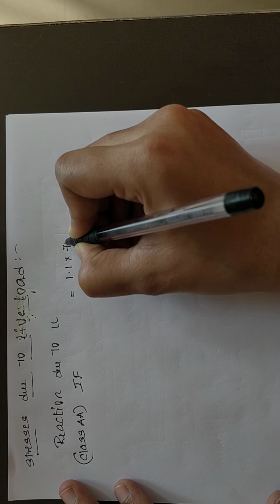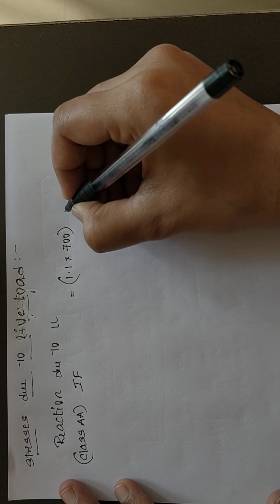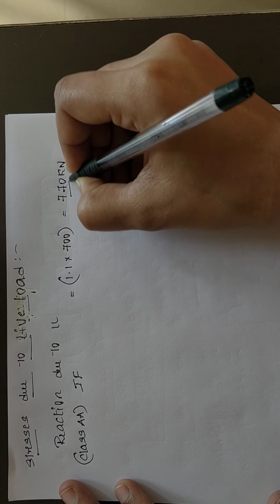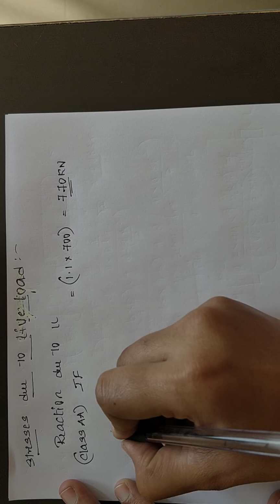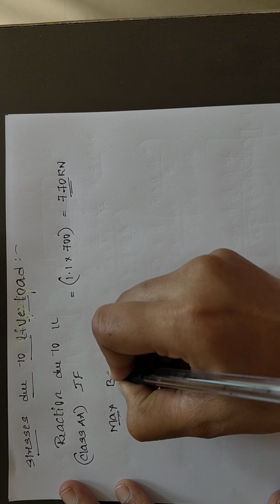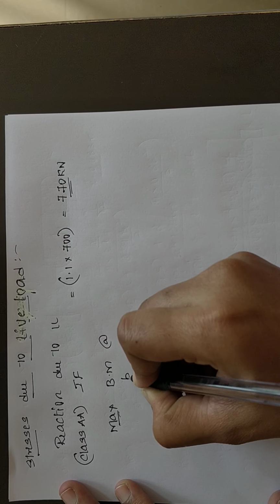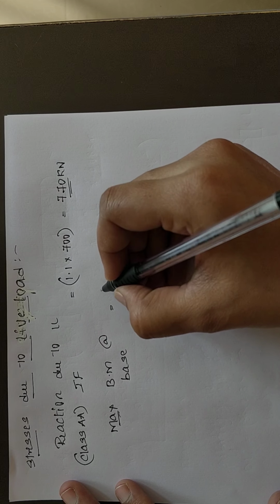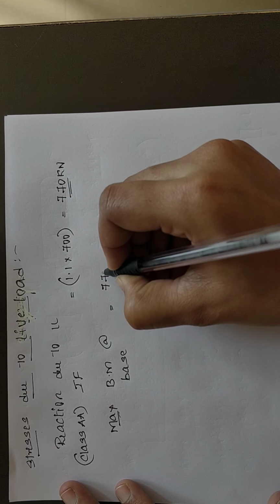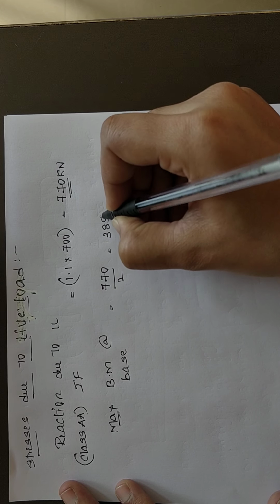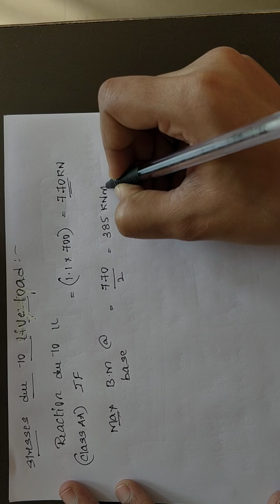As per IRC 6 it is 700. You will get 770 kilonewton. Then calculate the maximum bending moment at base. It will be the reaction 770 divided by 2. You will get 385 kilonewton meter.